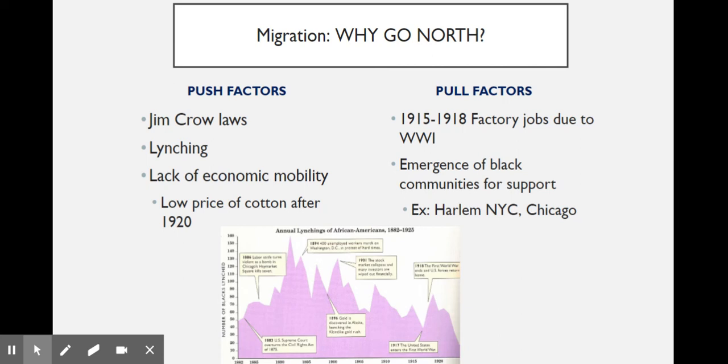It was an area where you saw, like many other agricultural products, overproduction and less value over time. So people have reasons to leave the South.